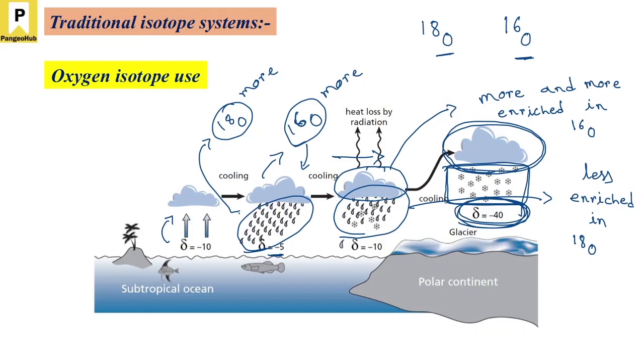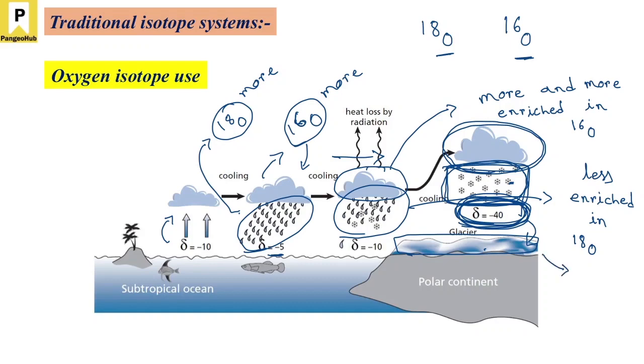So this glacier, which is forming because of this snow, which has a delta value of -40, will also have this value, because this glacier is nothing but made up of this snow. So obviously this glacier will have a similar value of -40.